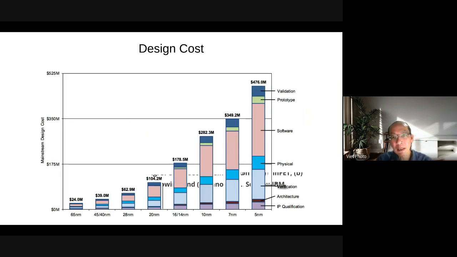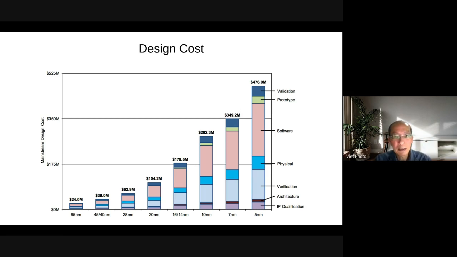I would like to give you this picture so that you have some idea about design cost when they want to do an SoC. This is kind of an average SoC for a CPU, or an SoC from Qualcomm or Intel.